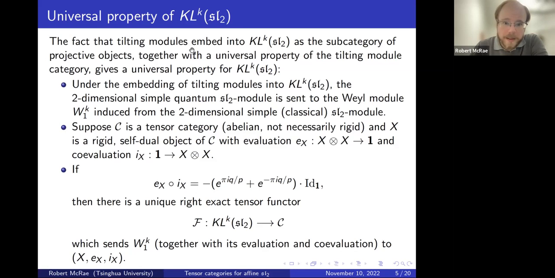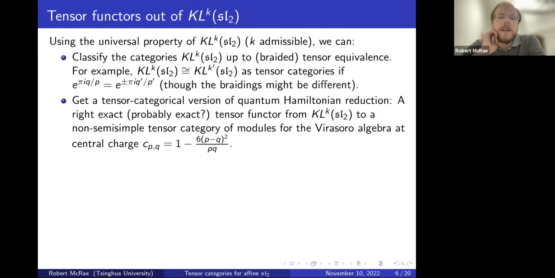And then because tilting modules embed in KL_k as the subcategory of projective objects, you can use properties of projective objects to extend that functor F to this full KL_k category. And this functor sends a special Weyl module W_{k,n} to the object X. So yeah, that's the statement of the universal property of KL_k.